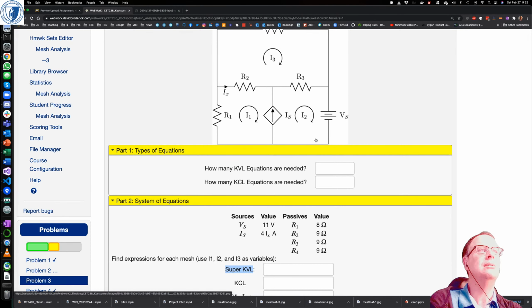The only way we'll know is after we've solved the equation. The only thing we know about the current source is what current is flowing through it. And because it's an active device, there's nothing other than analysis that will tell us what the voltage drop is.